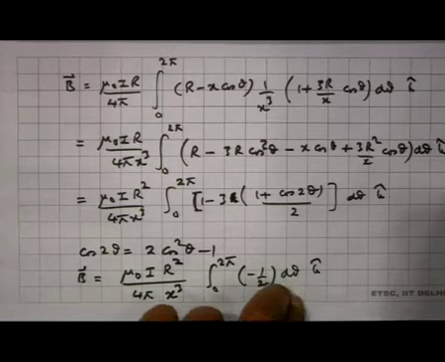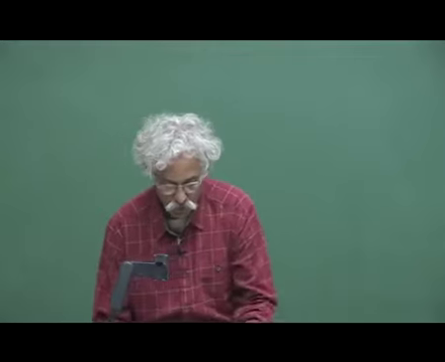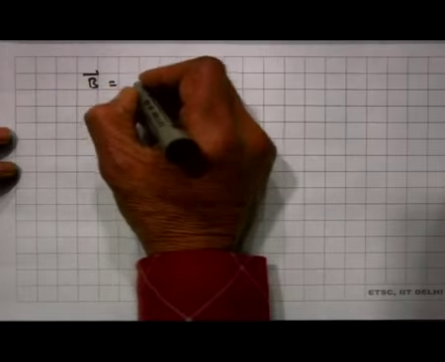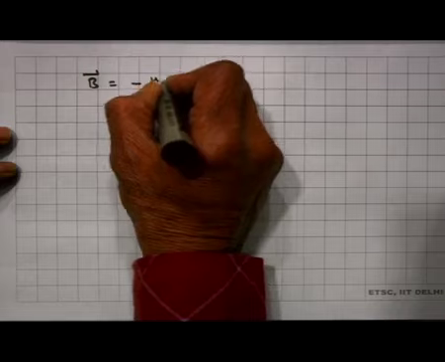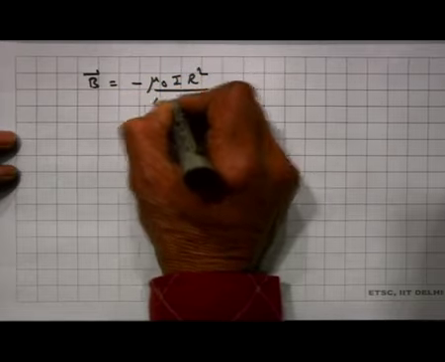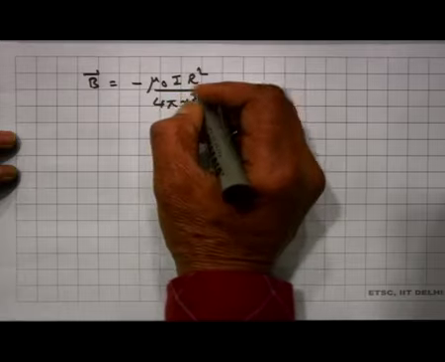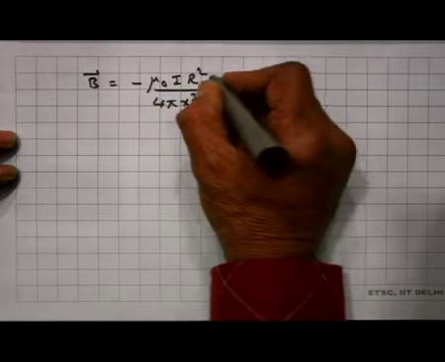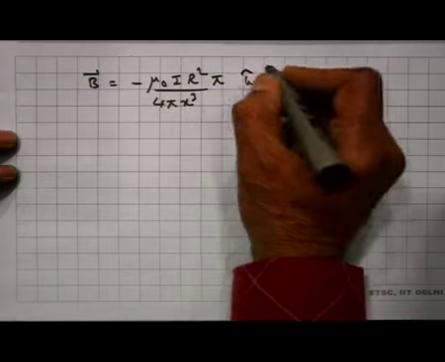So, this is a simple integral. It just gives me minus half into 2 pi. So, I get B equal to minus mu 0 I r square by 4 pi x cube into pi into k cap.